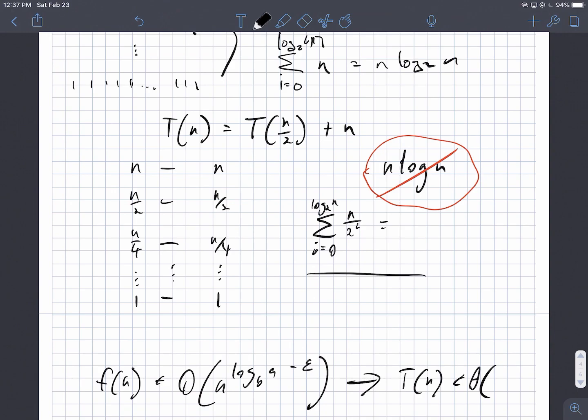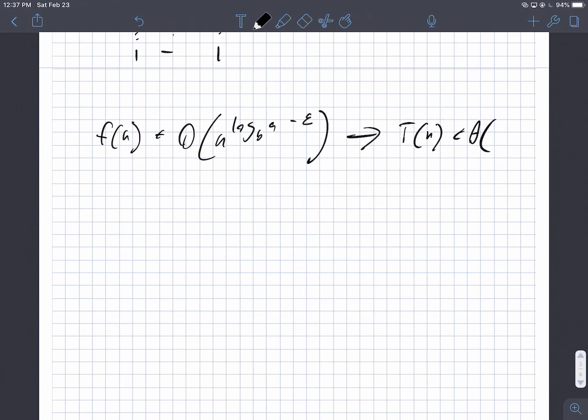So the master method, just to remind everybody, basically says, given some recurrence T of n in the form of a T of n over b plus f of n.